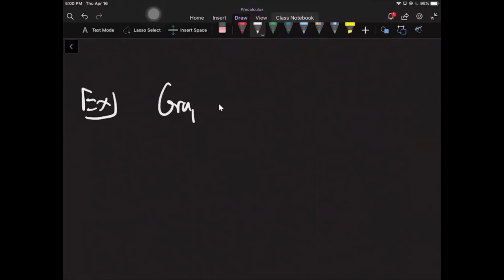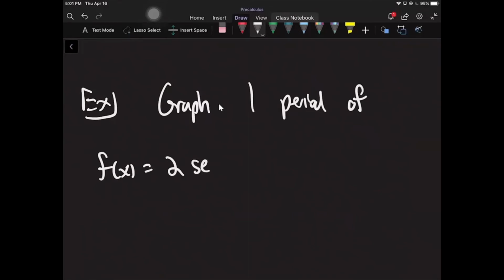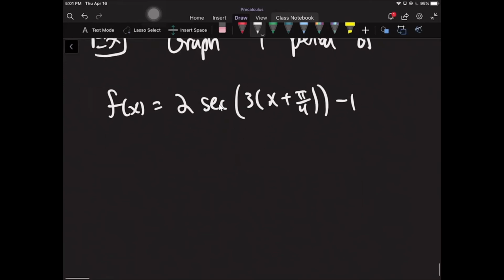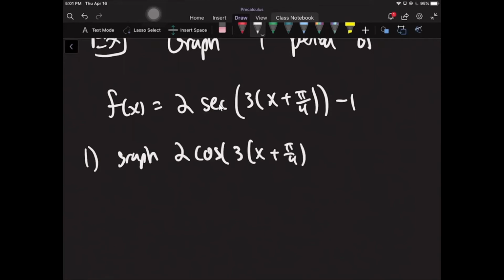Graph one period of something like this: 2 secant of 3x plus pi over 4, minus 1. If I want to graph this, I'm actually going to graph the cosine version instead, and then I'm going to use the above logic to graph the new graph.